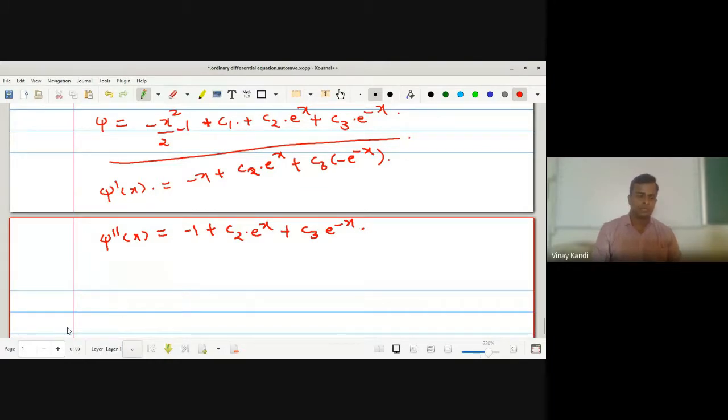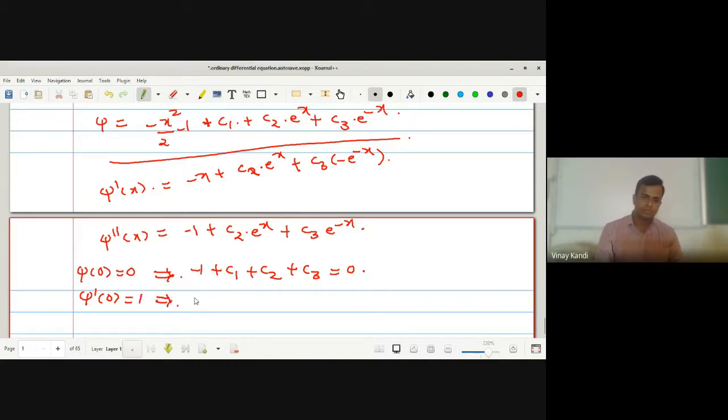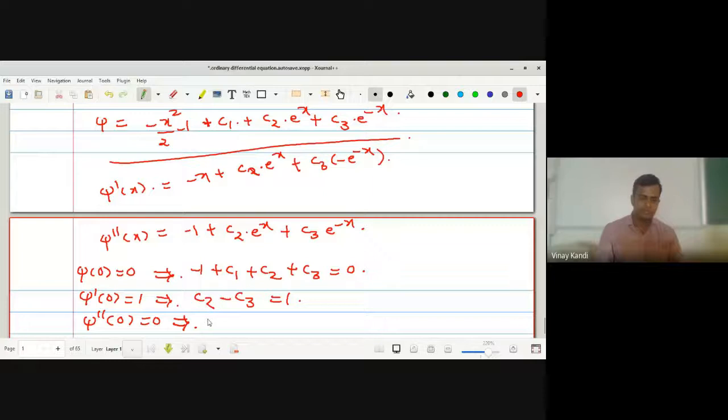Okay, we have psi of 0 is equal to 0. It implies minus 1 plus C1 plus C2 plus C3 is equal to 0. Psi dash of 0 is equal to 1. It implies C2 minus C3 is equal to 1.